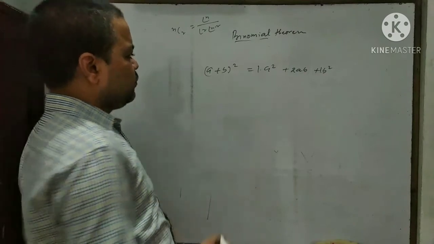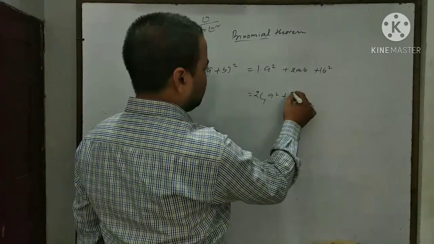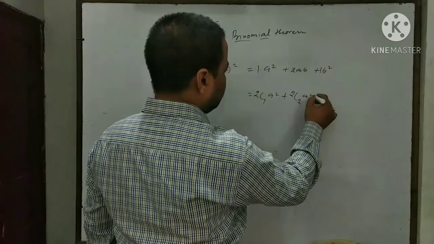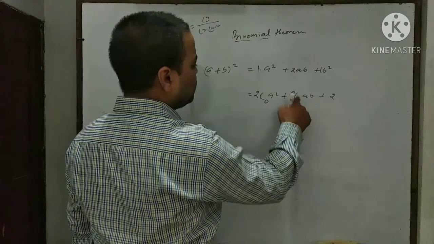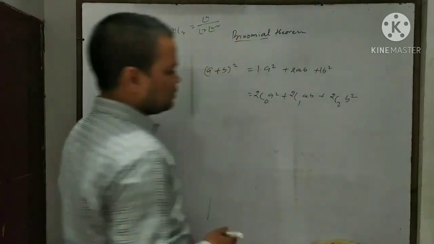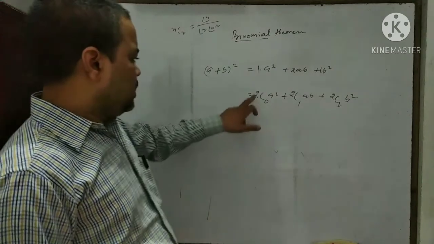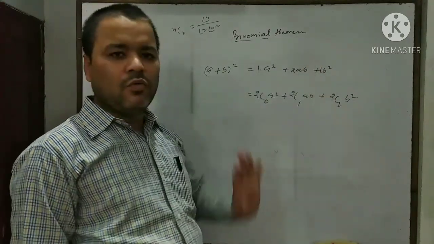Here we can write 2C0 a² + 2C1 ab + 2C2 b². 2C0 is 1, 2C1 is 2 and 2C2 is also 1.